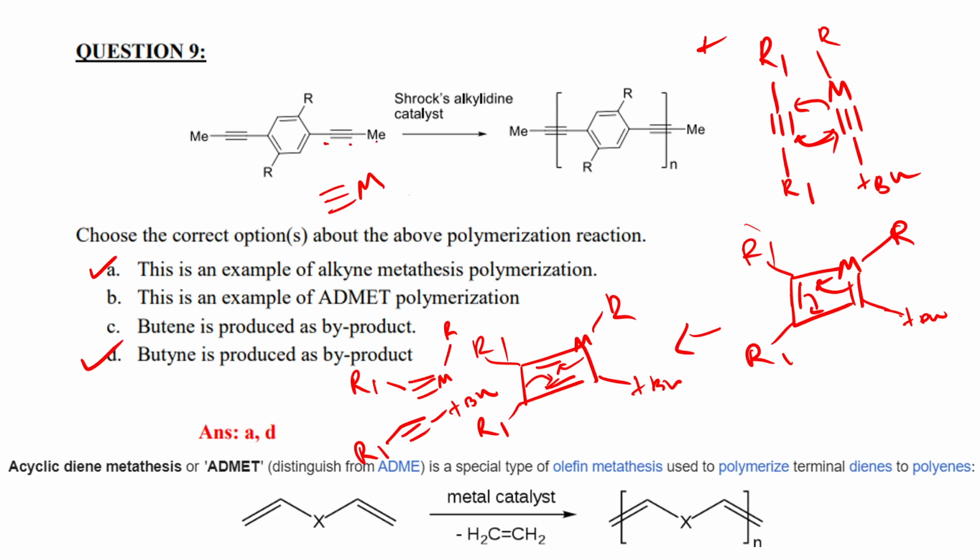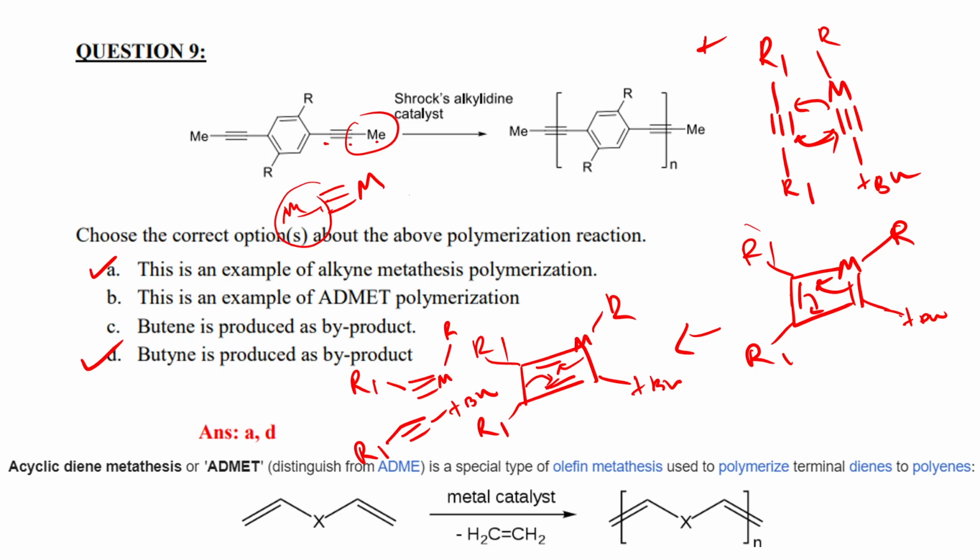So, 1, 2, 3, this 4 unit would be there. So this part and this part need to be coupled to each other so that this particular triple bond is activated. So in that process, you are going to generate the product.